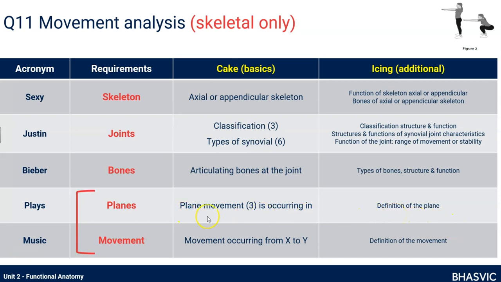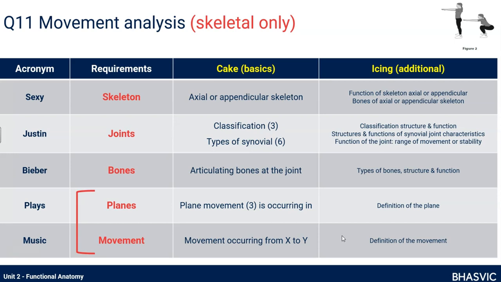So, what's the definition of the sagittal plane or frontal plane? What's the definition of flexion or extension or rotation? So, there's the acronym. That's what it means in terms of the skeletal question 11 content. What's the minimum you must include in your answer? And what's the extra stuff that you could include in your answer?